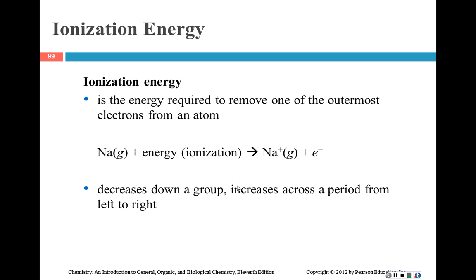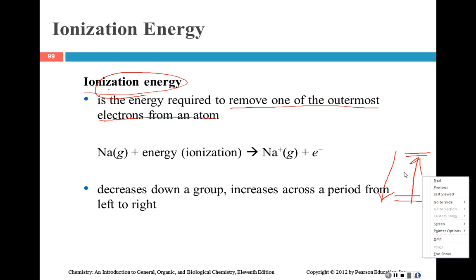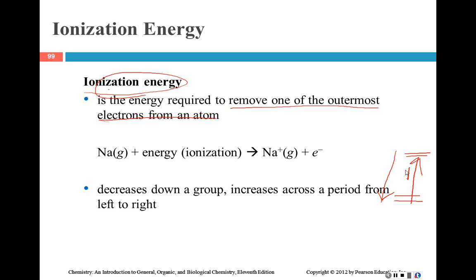Ionization energy is how much energy it takes to remove one of those outermost electrons from an atom. So when we were talking about how we could hit it with some energy and make that electron go up from a low energy level to a higher energy level, and then it would drop back down, ionization energy is how much energy it takes to do this, to take it from a low to a high.